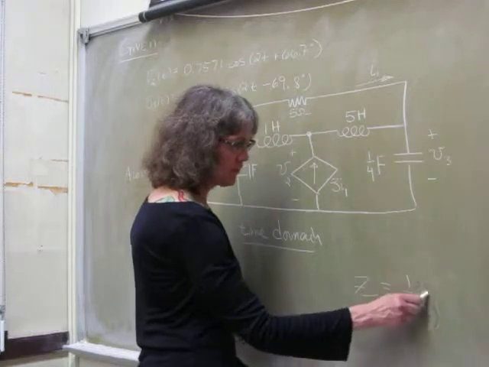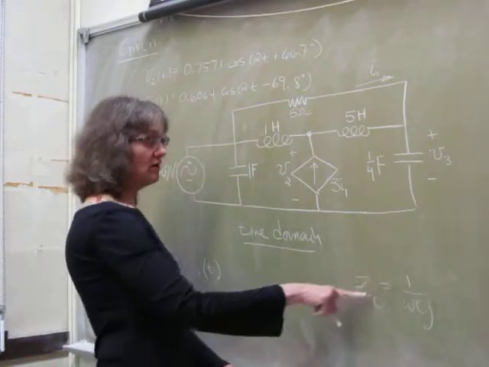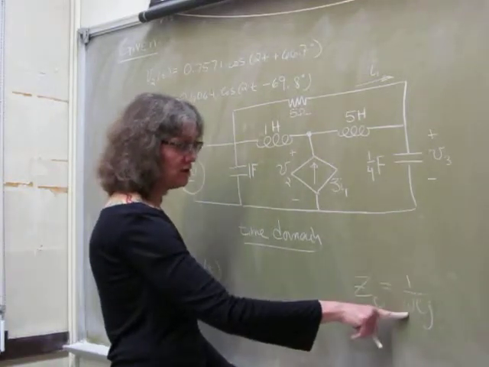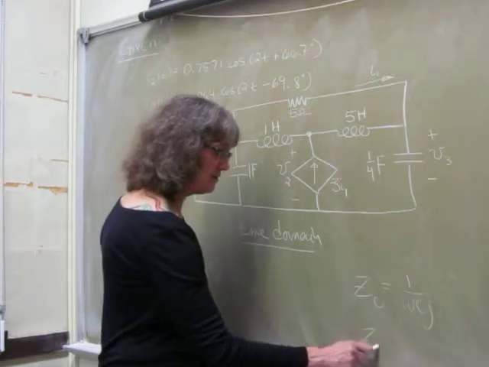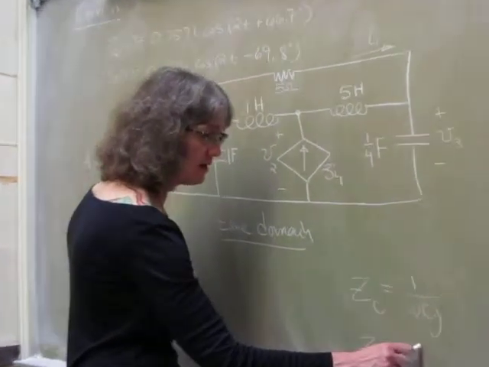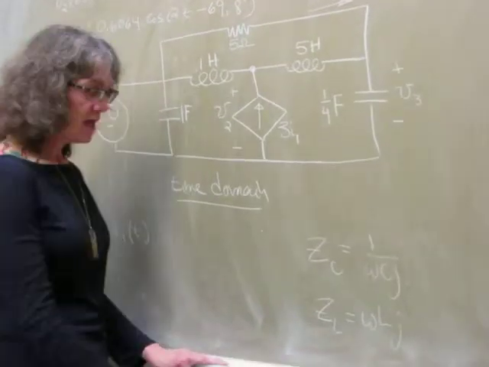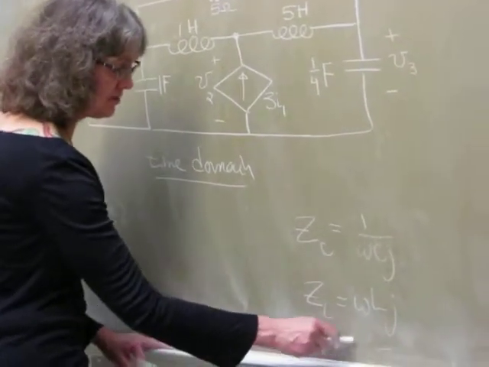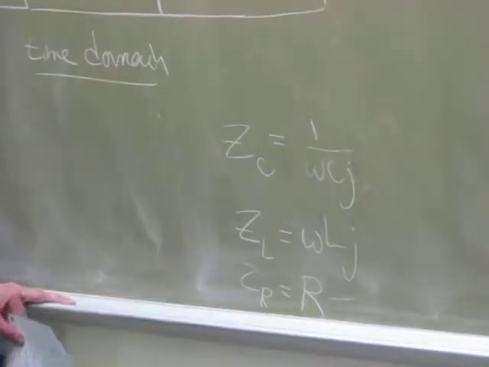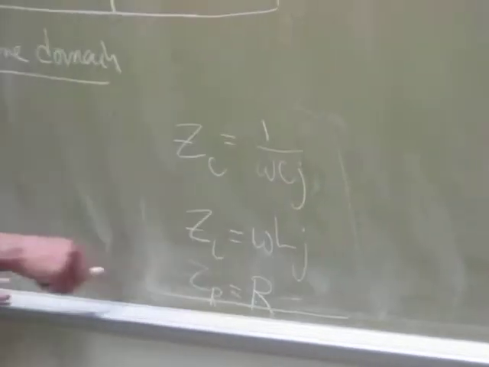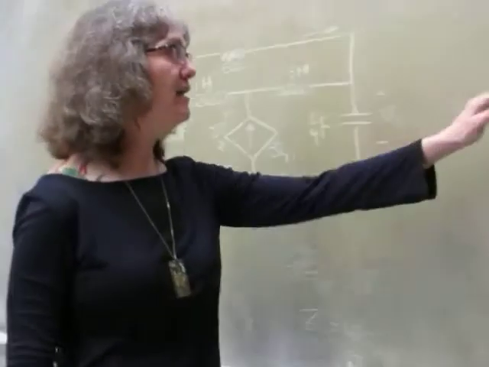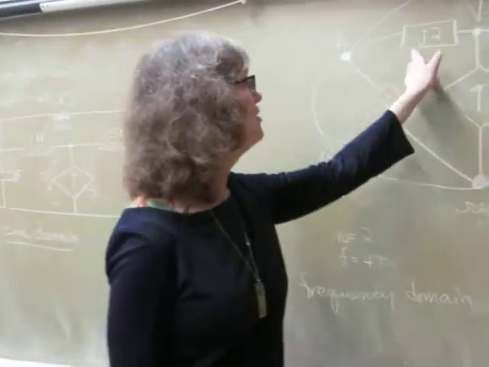Yes, okay, thank you. So the impedance for a capacitor is 1 over omega C j. The impedance for an inductor is just omega L j. And the impedance for a resistor is just the resistance. Using these formulas, that's how I got the impedances for each of these elements.